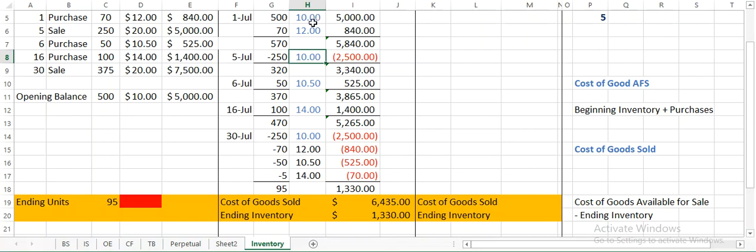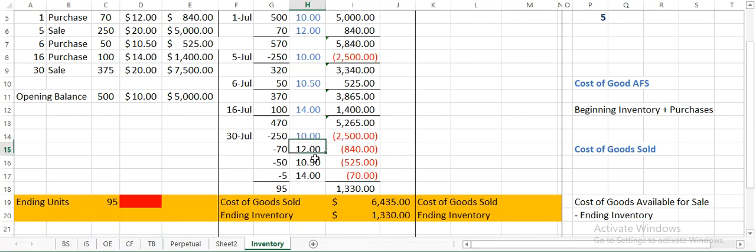So we wiped out the July 1st layer, the beginning balance layer, when we took 250 of that and sold it. And then we moved on to sell the 70 as well. And we moved on to sell from the 50 layer and from the 100 layer. But because we only needed 375 units to be sold, only 5 units of this layer were used.